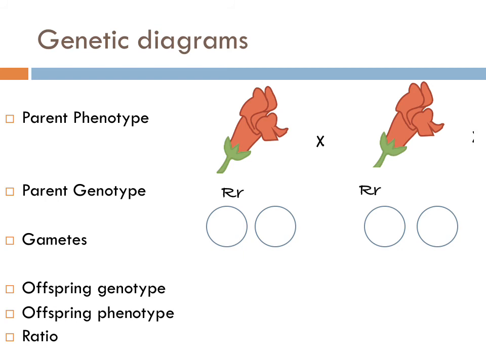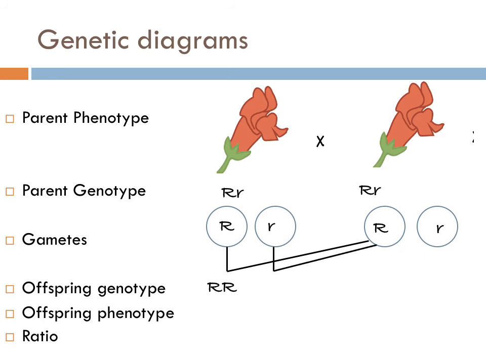Let's split the alleles, one into each of the gamete circles, just like this, and the same way over there. And let's think of the different probabilities. Maybe the capital R will fertilize the egg cell with a capital R, so the offspring will have two capital R's in their chromosomes.